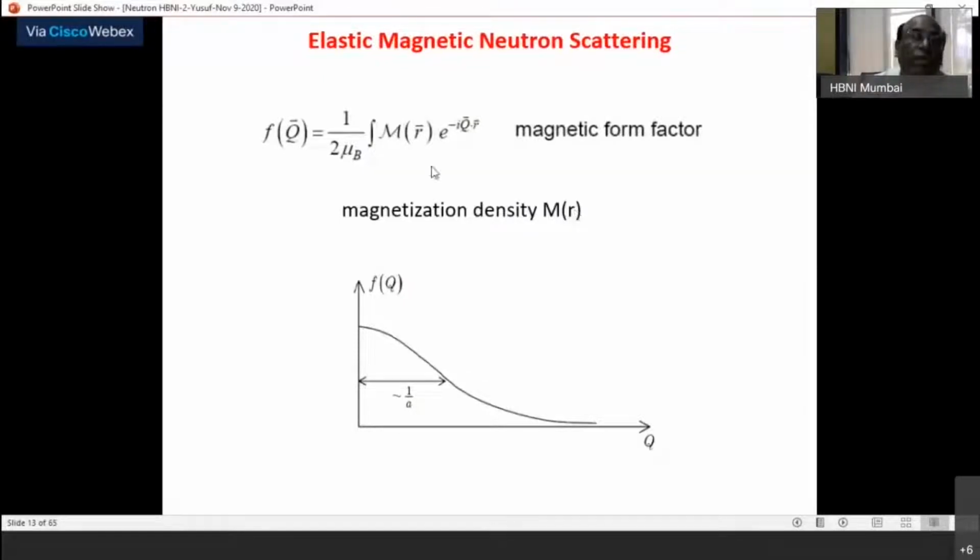And if you do the Fourier transformation of that, you get some factor which is again called form factor. So that is in Q space. So the Fourier transformation of the magnetization density distribution in real space, let us say for 3d transition metals it is the 3d state, for rare earths the 4f state, for actinides the 5f state, and so on. So you get the form factor.